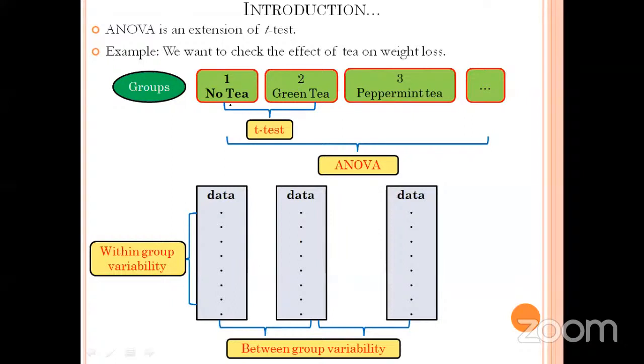If we want only 2, then we should have only white tea and green tea, or white tea and non-white tea. Then we can restrict it to 2. But when you go into detail, there is no tea, white tea, green tea, peppermint tea, lemon tea, honey tea. You know, there's something called this one.